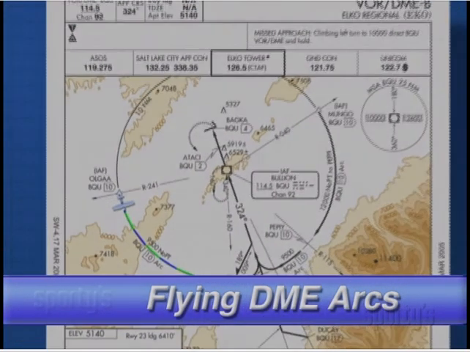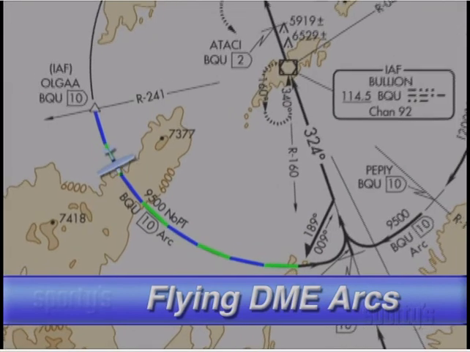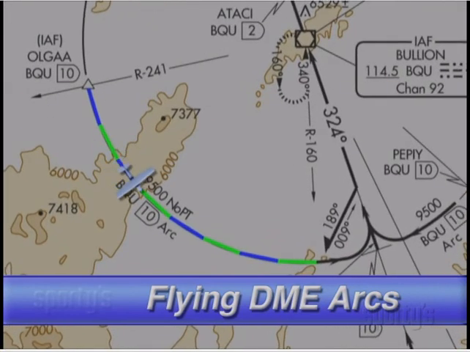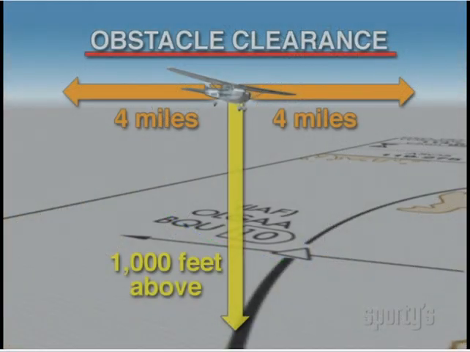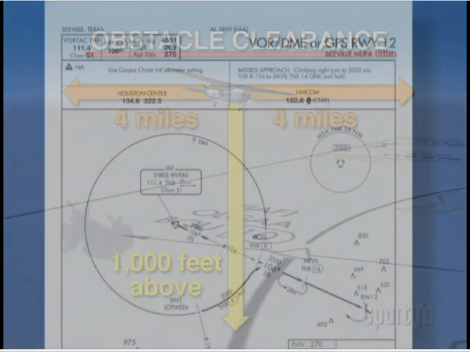DME arcs are used to position airplanes on an approach course, or in rare cases, they are the final approach course. The arcs are limited to not less than 7 miles and may be 30 or more miles. As with all initial approach segments, obstacle clearance is at least 1,000 feet above the highest obstacle within 4 miles of the arc.